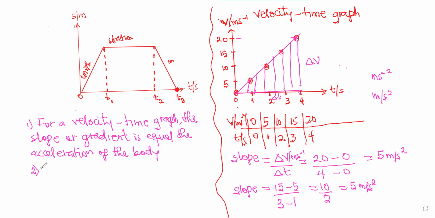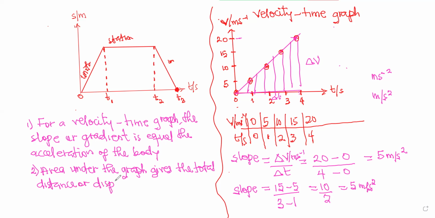For a velocity time graph, the area under the graph gives the total distance or displacement of the body.